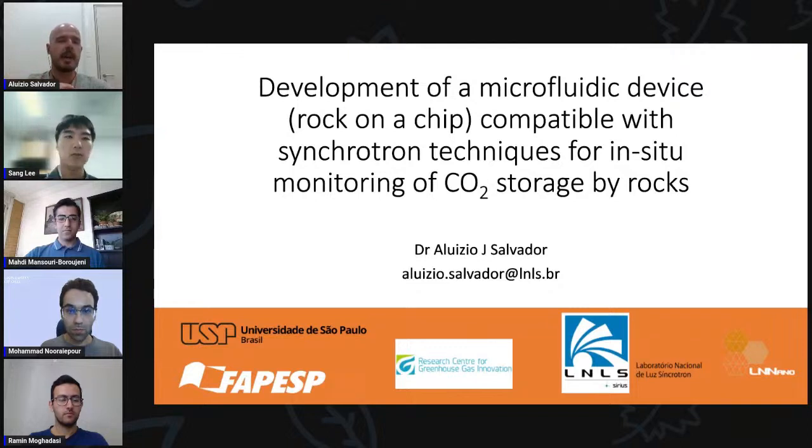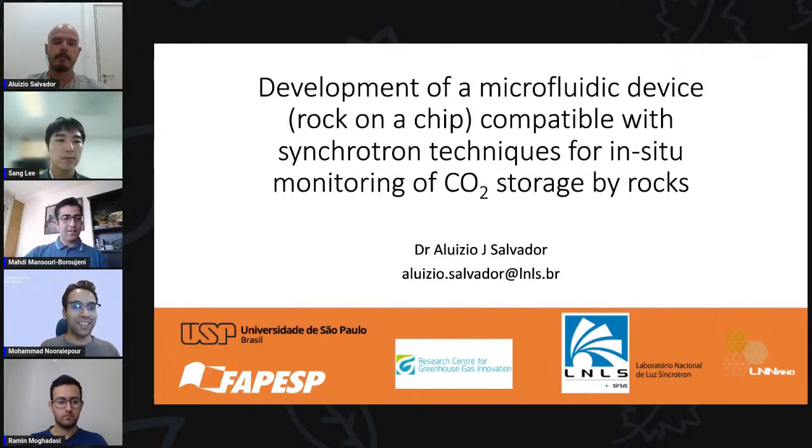The channel was sealed with Kapton tape, and we didn't see leaks, neither on the tape on the channel nor through the pores. So for now, the test with the liquid carbon dioxide is working very well when we are controlling the liquid carbon dioxide inside the channel. Okay, thank you.